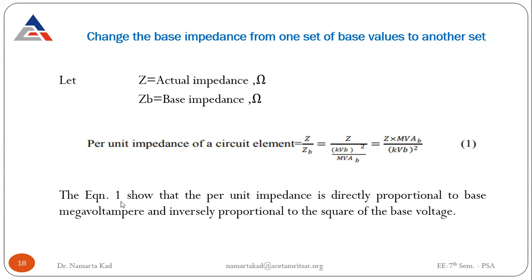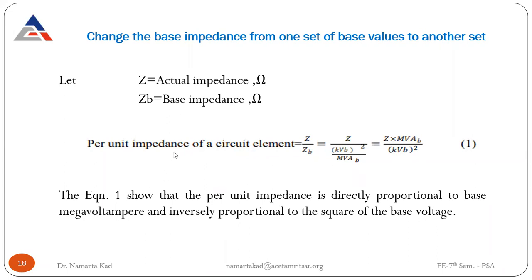Now equation 1 shows that the per unit impedance is directly proportional to the base megavolt ampere and inversely proportional to the square of the base voltage.